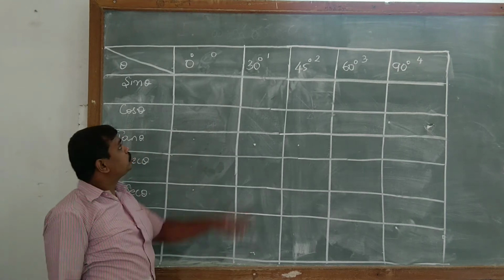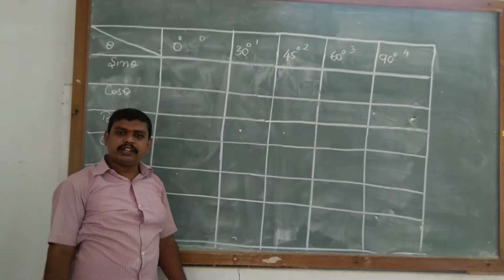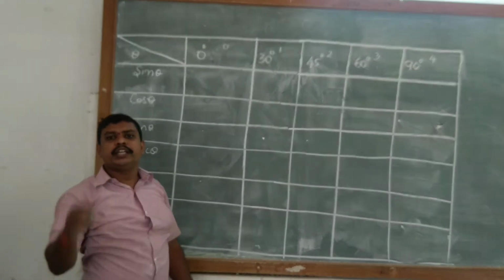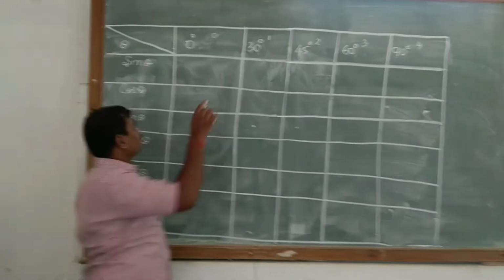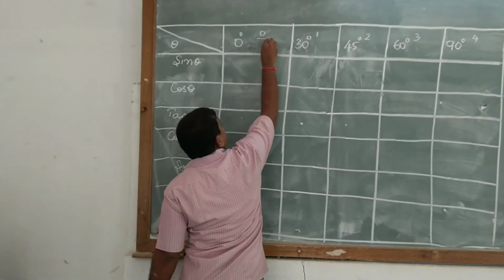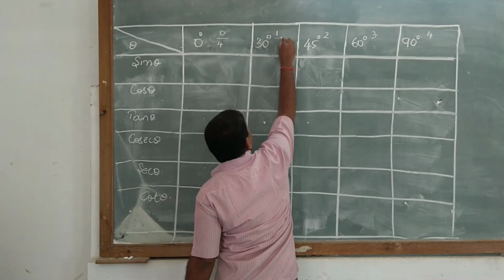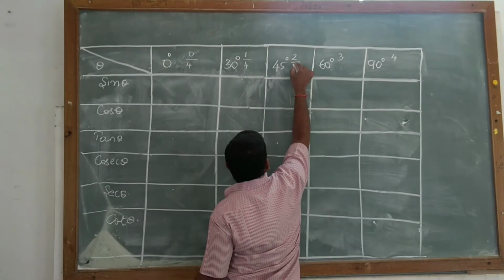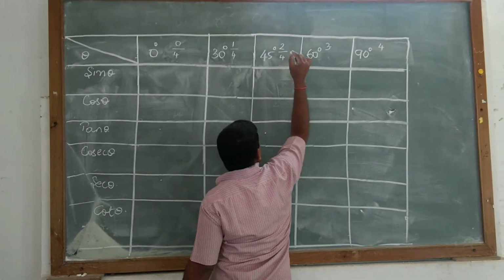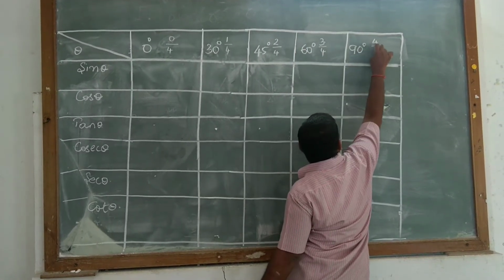What values? 0, 1, 2, 3, 4. Then what will be the next step? Each and every number you divide it by 4. 0 by 4, 1 by 4, 2 by 4, 3 by 4 and 4 by 4.